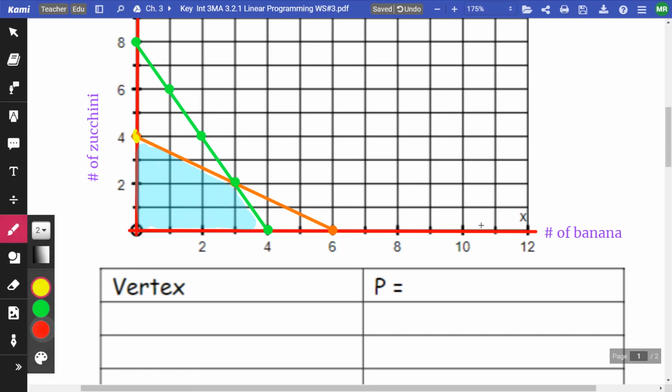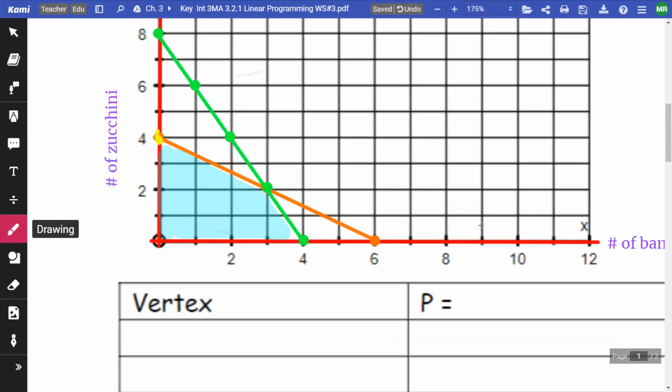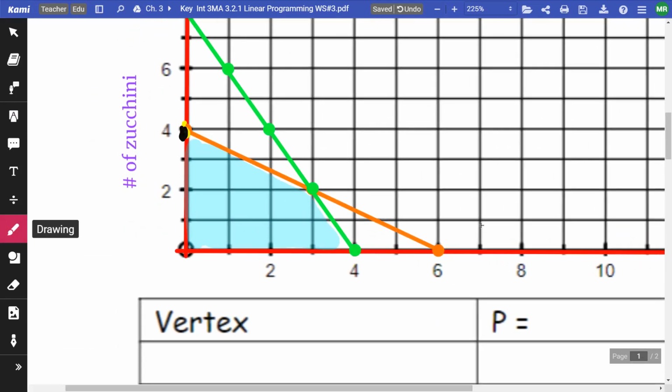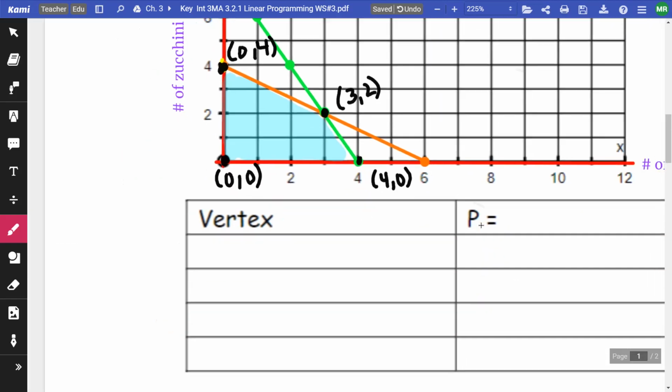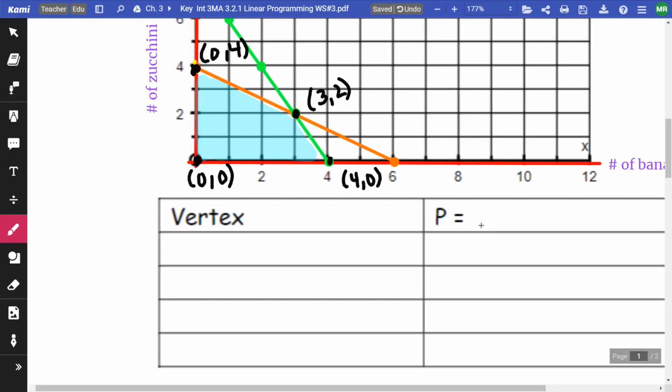So my vertices are going to be here at 0, 4, here at 3, 2, here at 4, 0, and here at 0, 0.